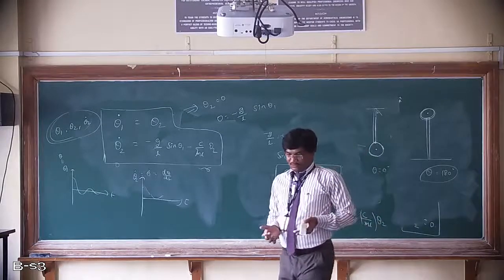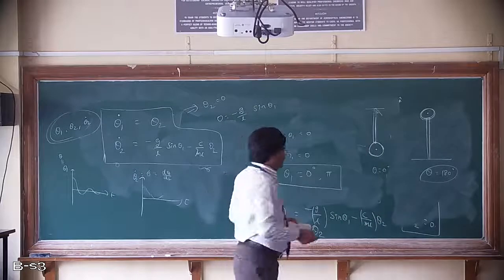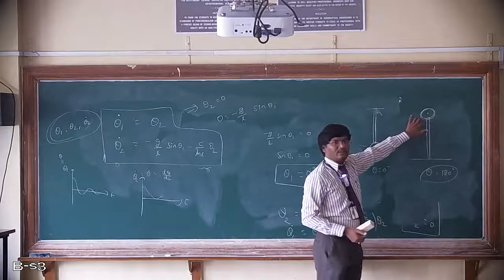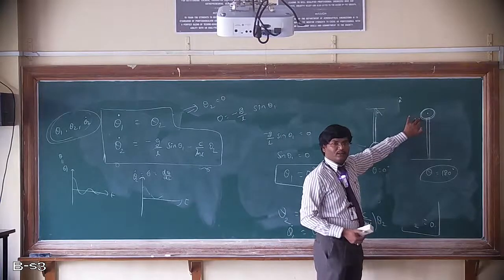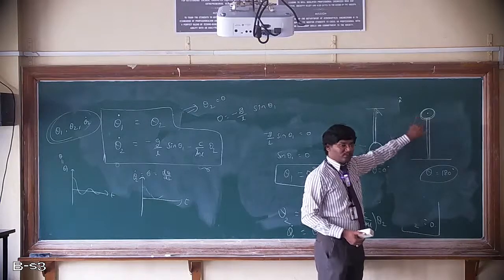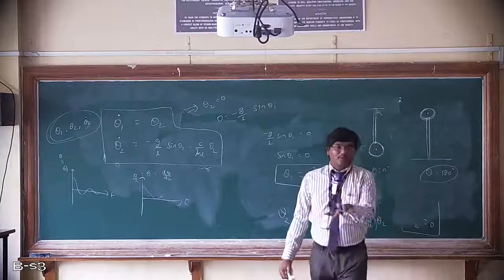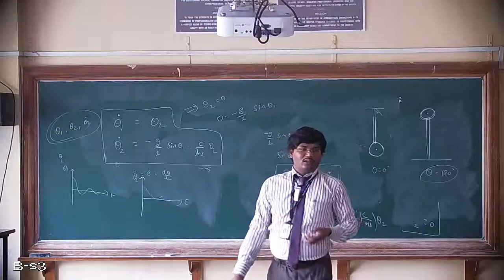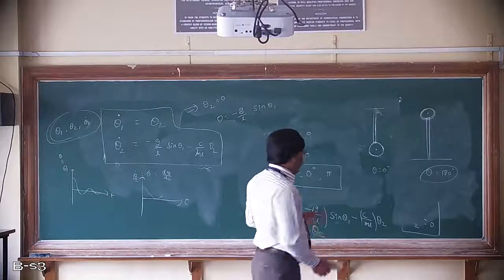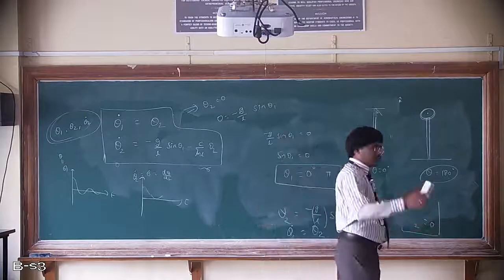So a very important statement: stability is the nature of an equilibrium point. You can comment on stability based on equilibrium points. So if you ask, is a simple pendulum stable, there is no meaning in that. For every system there are some equilibrium points.